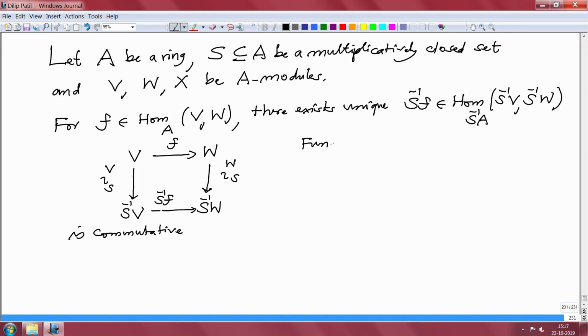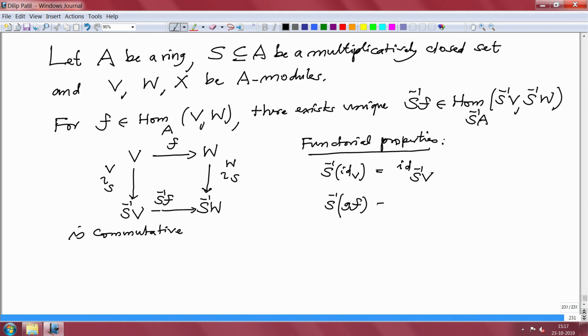Once again I will repeat here, functorial properties, that is S inverse of ID V equal to ID S inverse of V, and if you have two homomorphisms g and f, then S inverse of g compose f is the same as S inverse g compose S inverse f. This we saw last time, but it also follows from the earlier theorem.